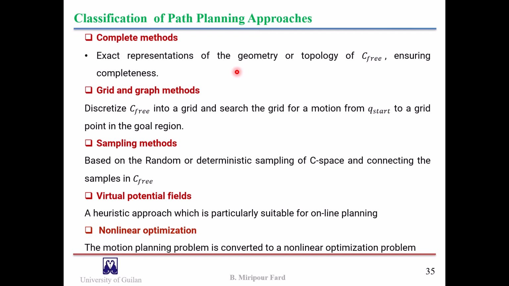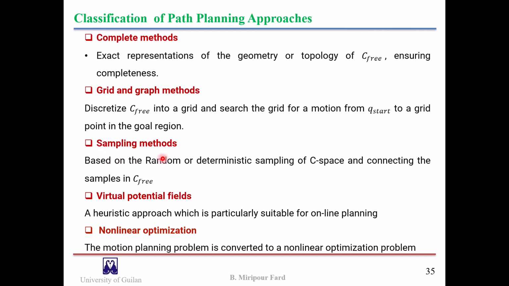We will define completeness in this course. The other method is grid and graph methods. In these methods, we discretize C-free into a grid and search the grid for a motion from the initial configuration to a grid point in the goal configuration.